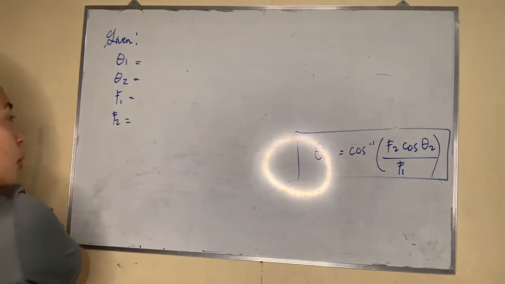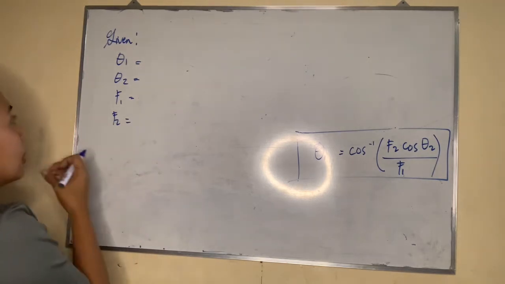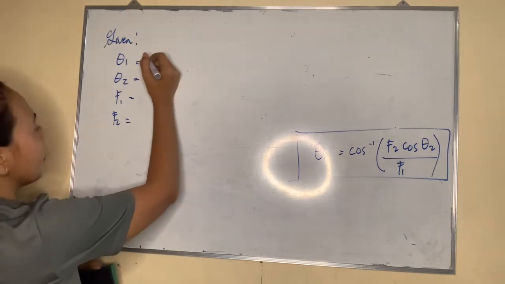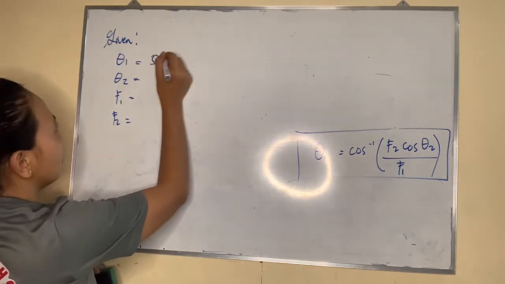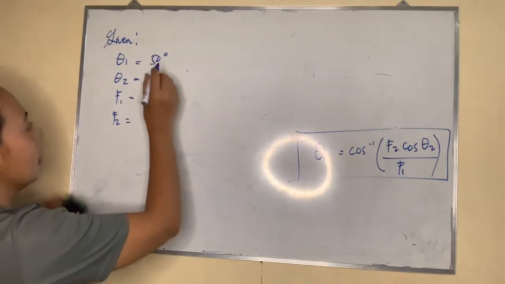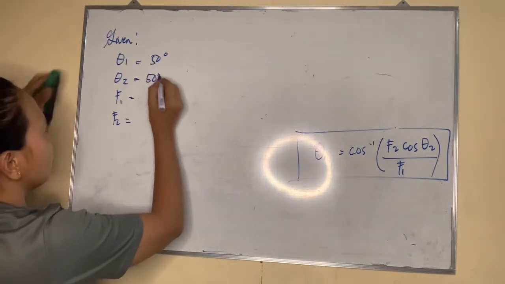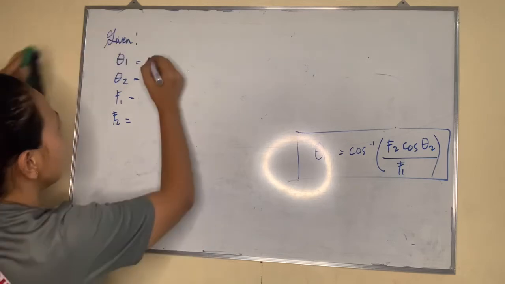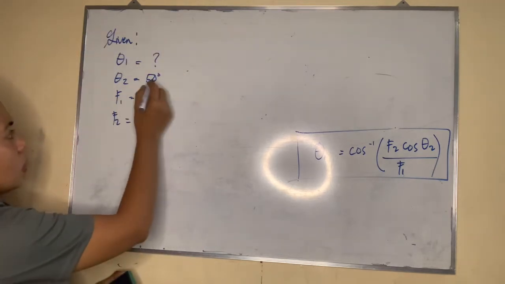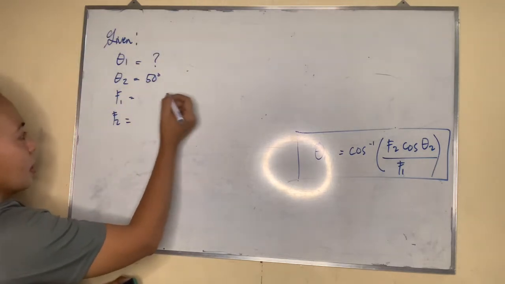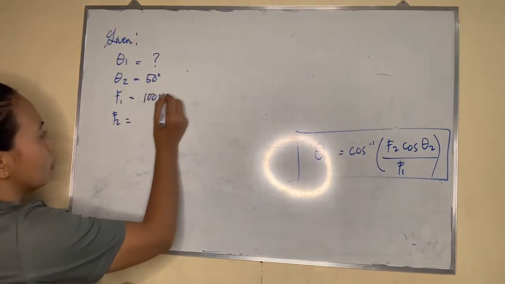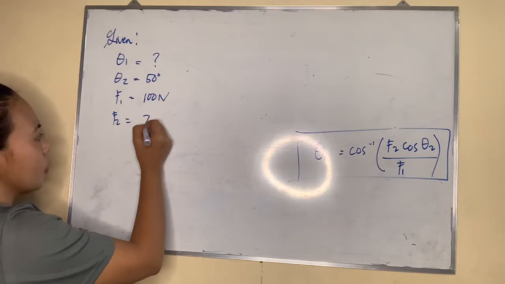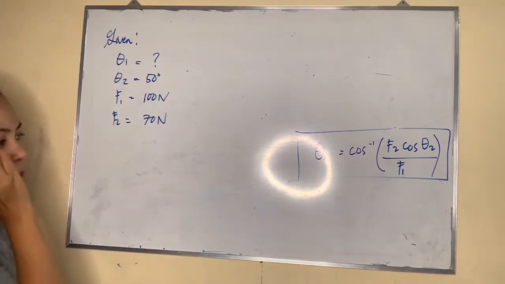So, for example, we have theta 1, theta 2, F1, and F2. Let's say theta 1 is the question mark, and theta 2 is 50 degrees. Then say for instance your F1 is 100 Newton, and your F2 is 70 Newton.